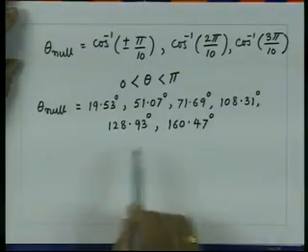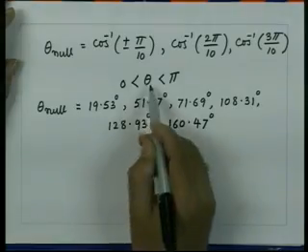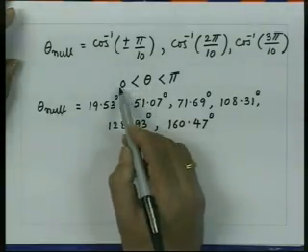So the radiation pattern has 6 nulls in the range theta equal to 0 to pi.